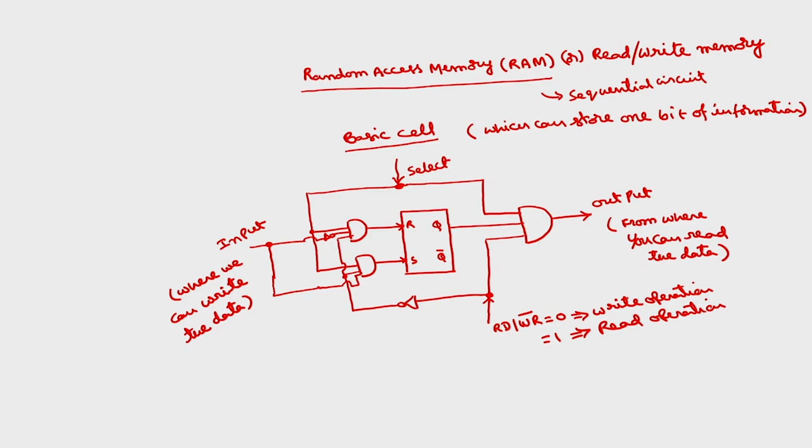Okay. Now the operation is, if you want to perform write operation first, I will discuss about the write operation. You can write either 0 or 1, say write 0.